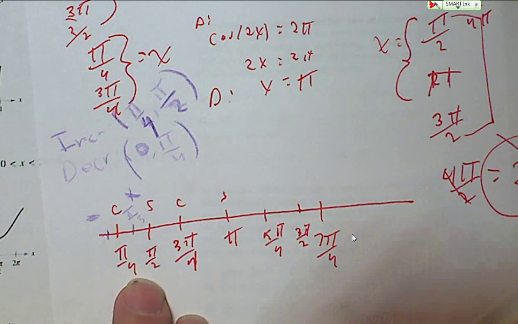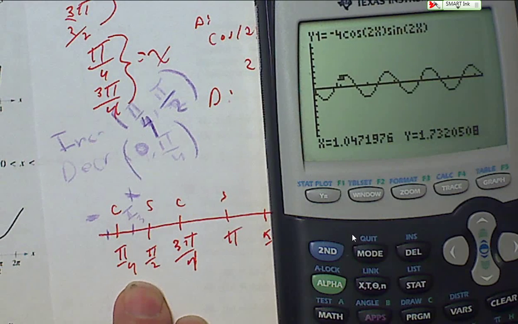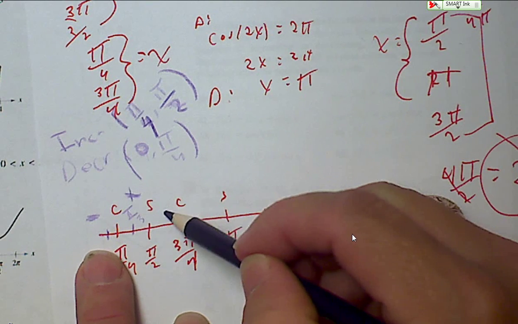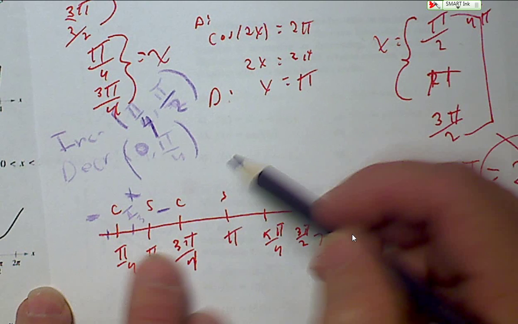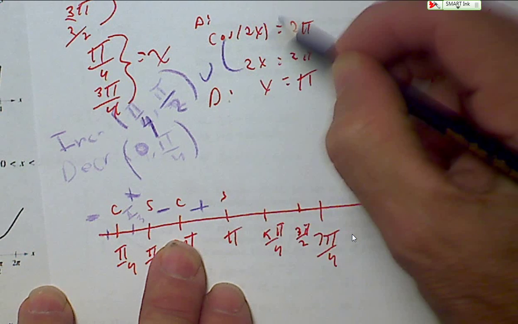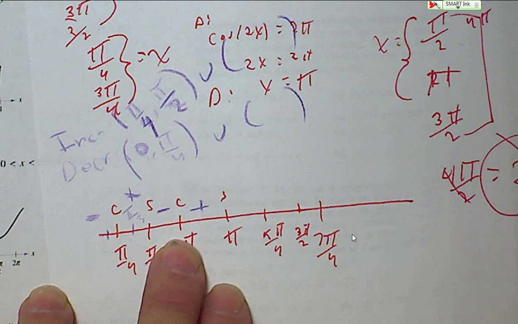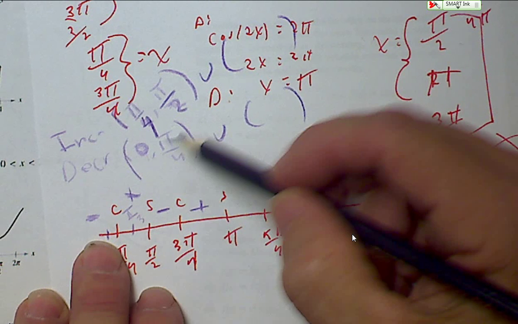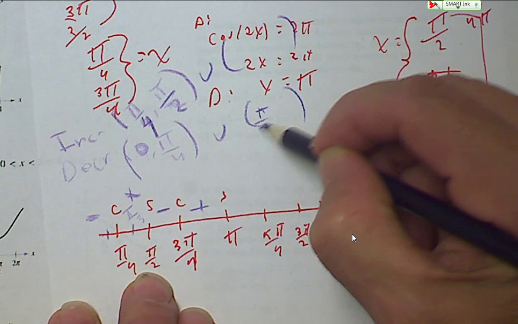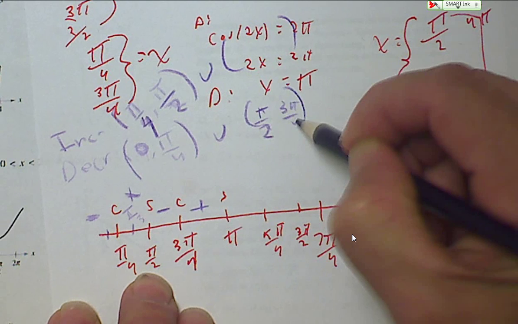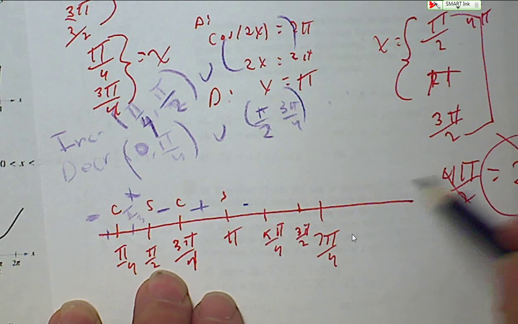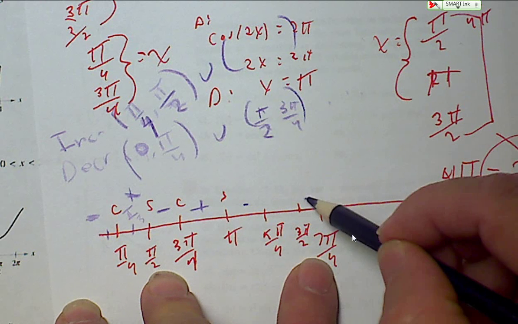Well, you can look at this graph and see what's happening here, right? It's going from increasing, decreasing over and over. So this one will be decreasing. This interval will be increasing, continuing. And so you would union all those intervals. So it's decreasing from 0 to pi over 4, from pi over 2 to 3 pi over 4, pi to 5 pi over 4, from 3 pi over 2 to 7 pi over 4.